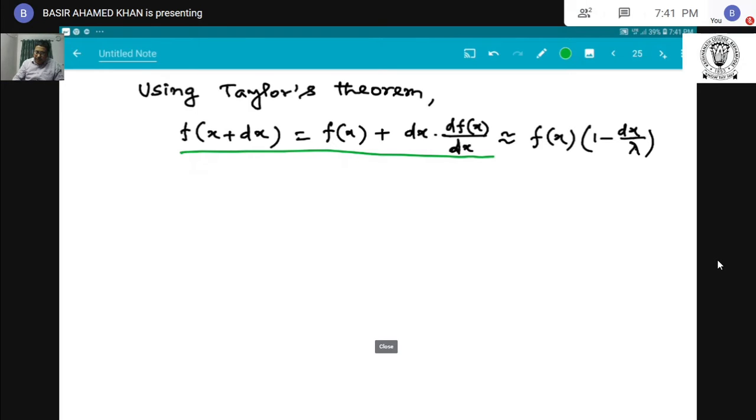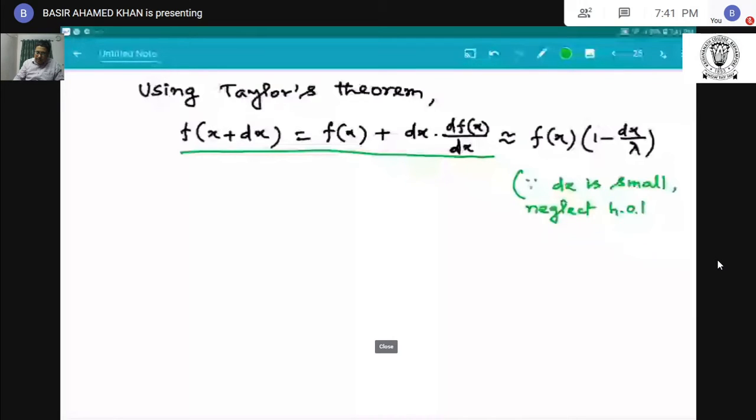Since dx is small, we neglect higher order terms of dx.